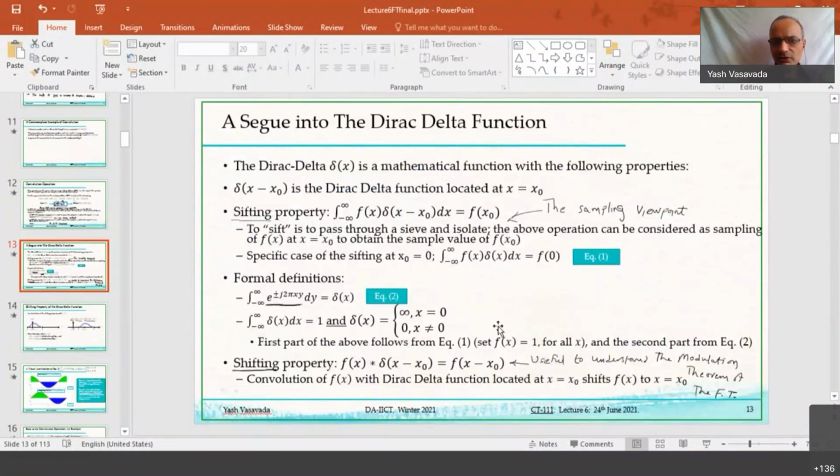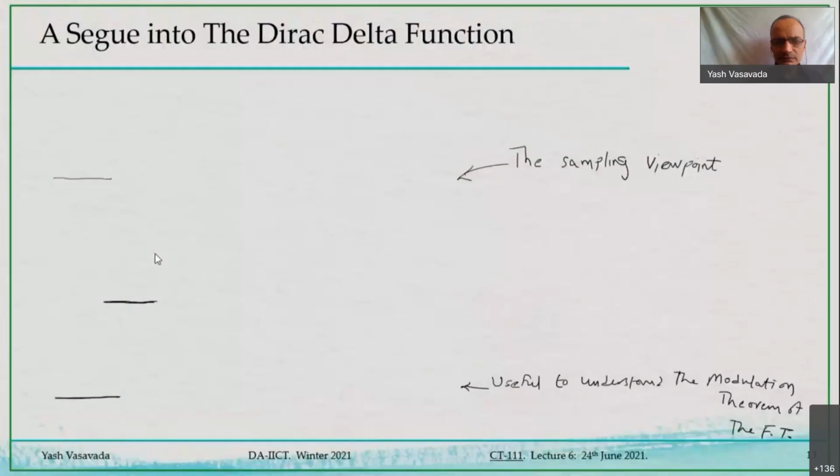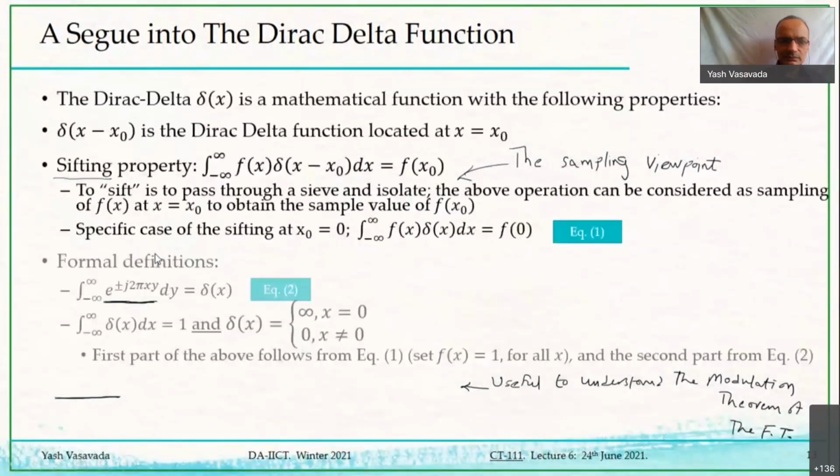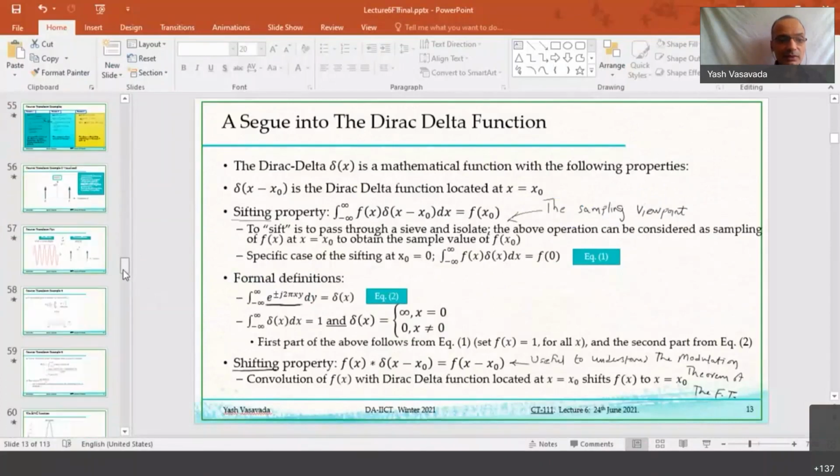This is the definition of the Dirac delta function. So in this equation 2, if I substitute y t for y and f minus fc for x, then I get the formula that we were just now looking at.